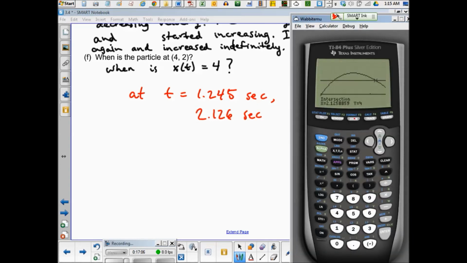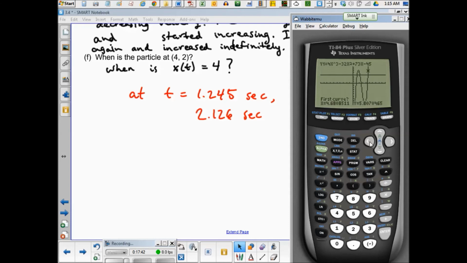I'm going to have to go back and do a zoom standard, and a zoom box over on the right. Actually, I probably don't need to do a zoom box. I've got a pretty good visual right now. So I'll just do calc, intersect, and let's move this over a little bit.